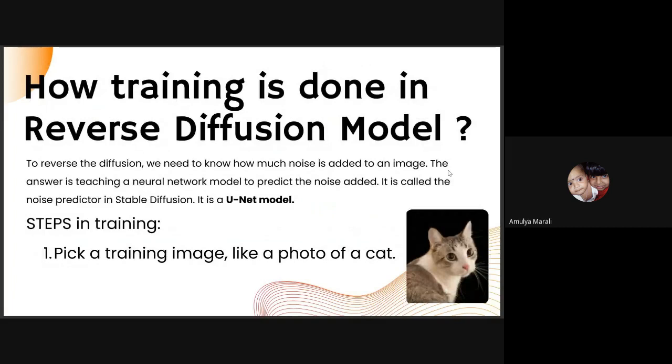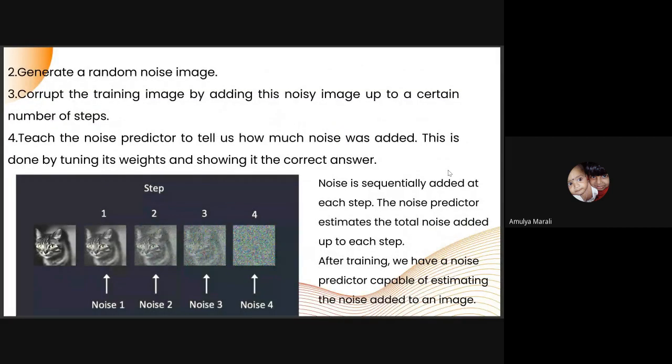Okay, so how is training done in this reverse diffusion model? As I told you, we'll be making use of the UNet model and I'll eventually explain in simple terms what UNet actually does. But before that, let's start with how you train your diffusion model. Just pick an image of a cat. Then you start generating random images like you can see in this step.